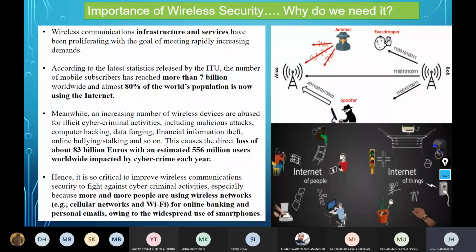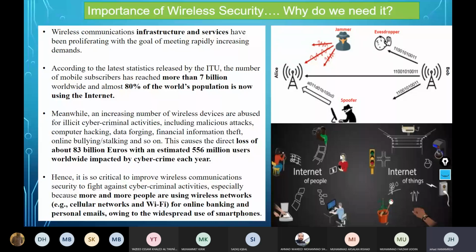Besides that, just recently, you hear so many news items about hacks and attacks and breaches going on in wireless networks. It was recently reported that more than 83 billion euros, with an estimated 556 million users worldwide, are impacted by cybercrime each year.